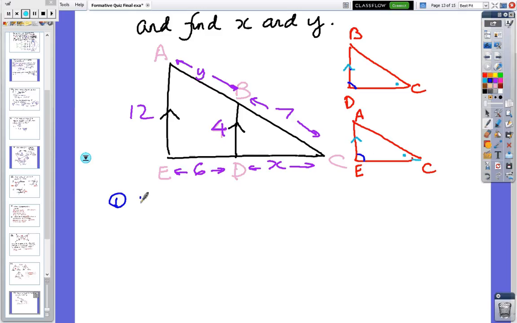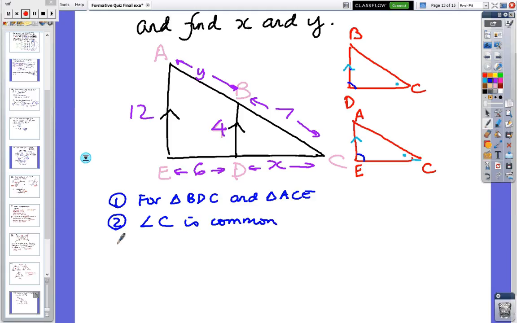So we'll go through the proofs. First one: for triangles BDC and ACE. That's the first one, introduce. Angle C is common. Next one, angle at D equals the angle at E, corresponding angles. That's coming from the parallel lines.